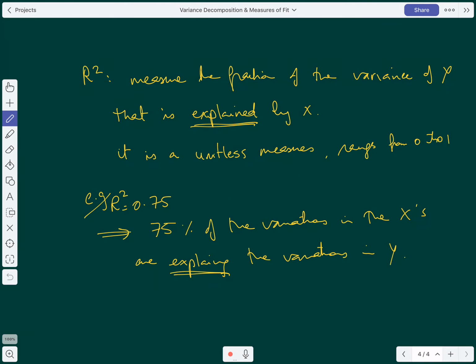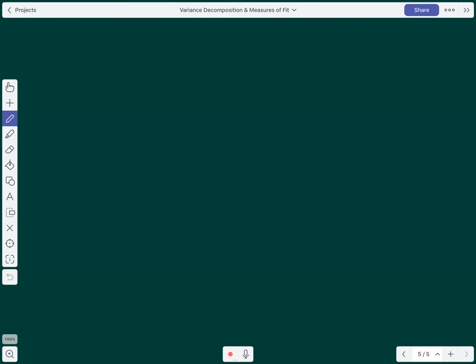Our next measure is called the standard error of the regression. The standard error of the regression is another very important statistic. It measures the magnitude of a typical regression residual in the units of y.